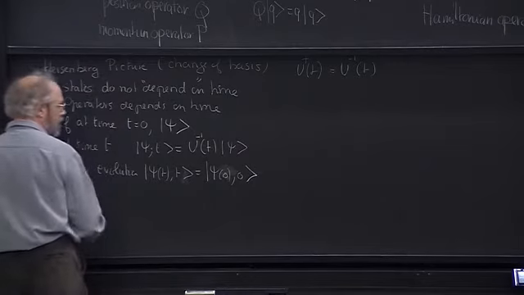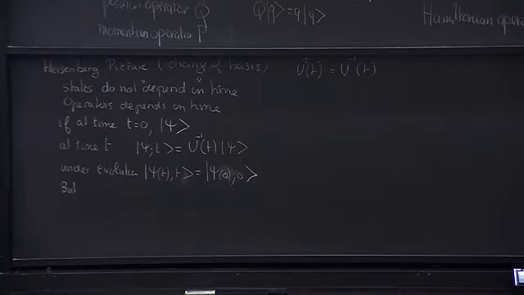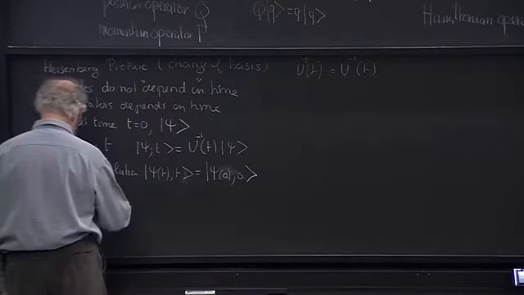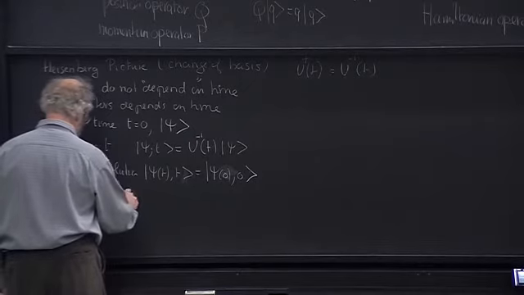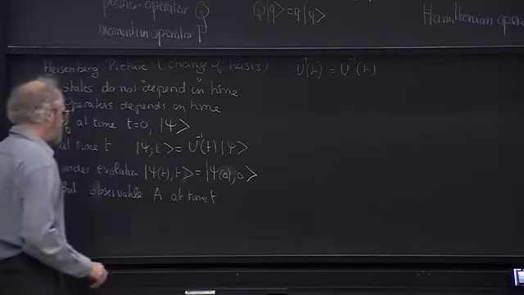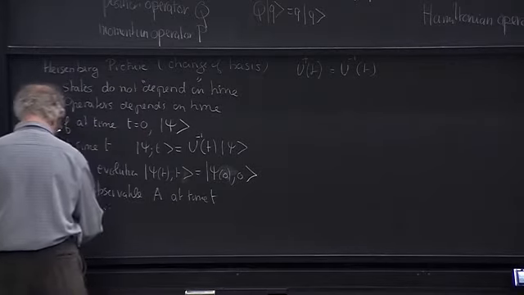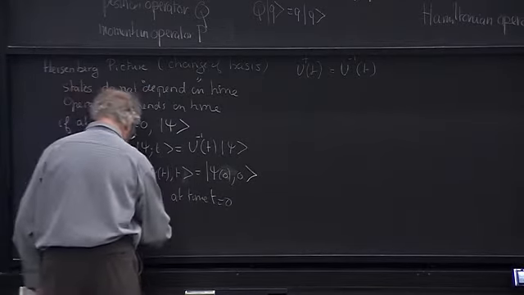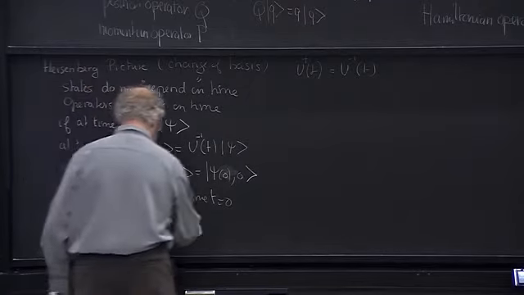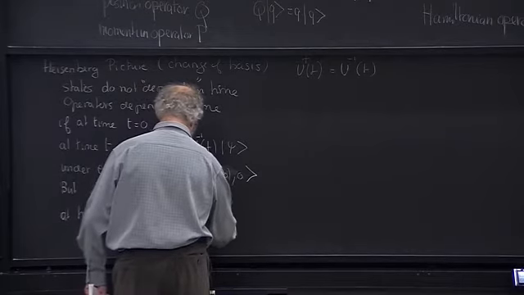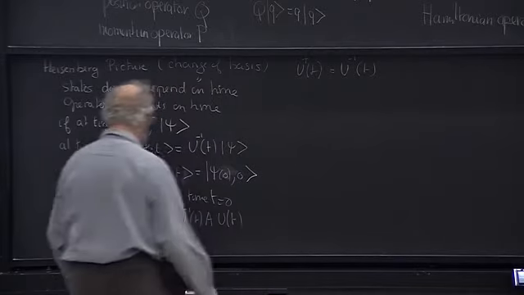But of course, in order to keep this formula for the expectation value, an observable which is described by an operator A at time t equals 0 has, at time t, the corresponding operator described by u minus 1 of t, A, u of t.